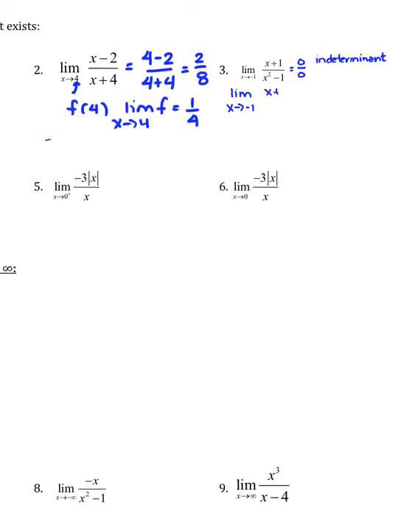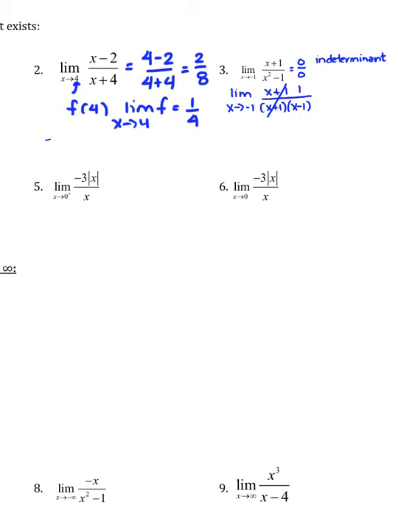So on top we have x plus 1. On bottom we have a difference of squares. And so I can remove, again, there's that hole that'll be in the graph. So yes, there's going to be a discontinuity. There'll be a hole in your graph at -1, but remember, as you're approaching from both sides, it doesn't matter whether that hole is filled in. The house is still there, whether anyone's home or not, doesn't matter.